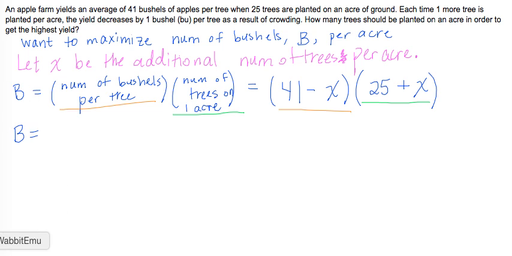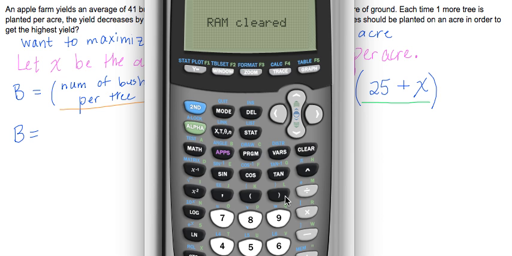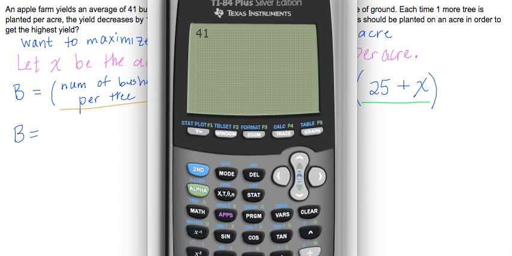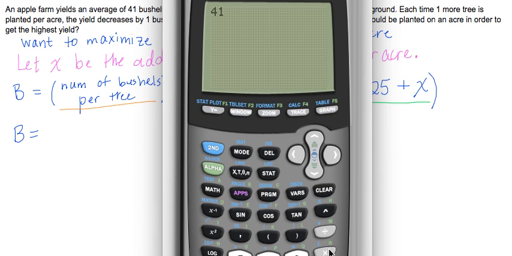Let's see, 41 times 25. I'm going to open my calculator for that. So FOIL that out, and then try to find where it has a maximum. So 41 times 25 is 1025.